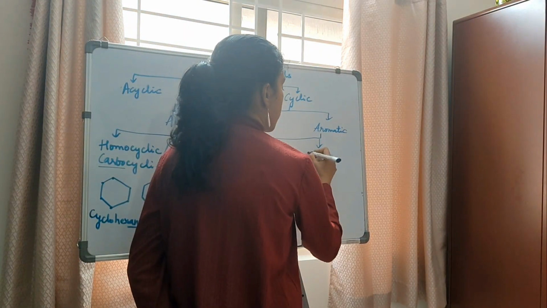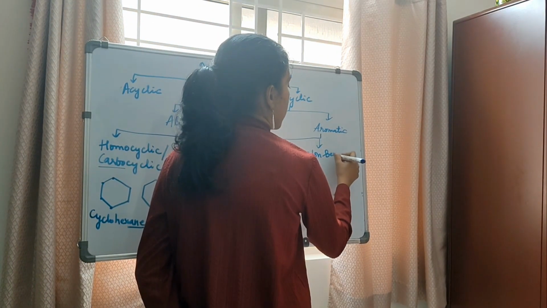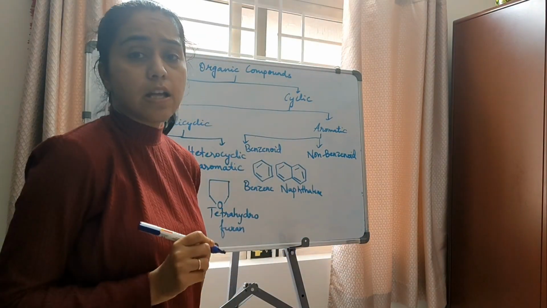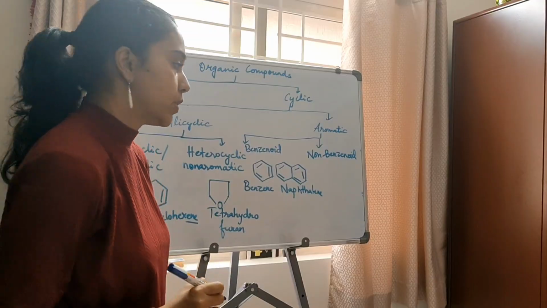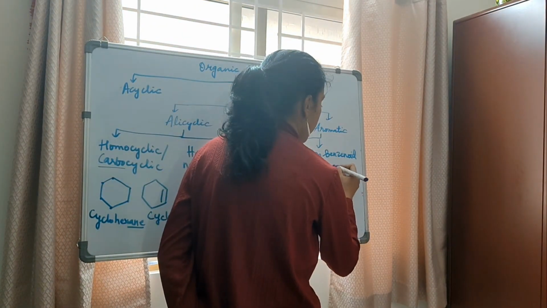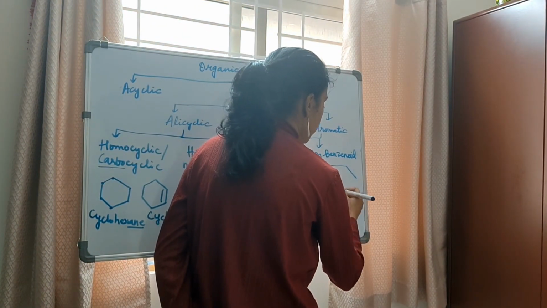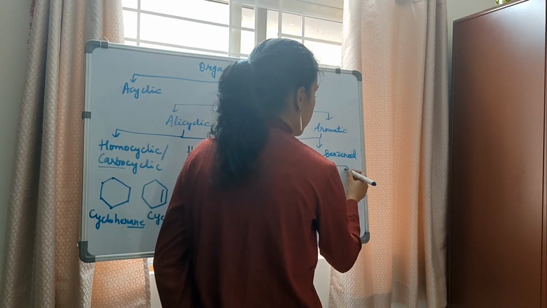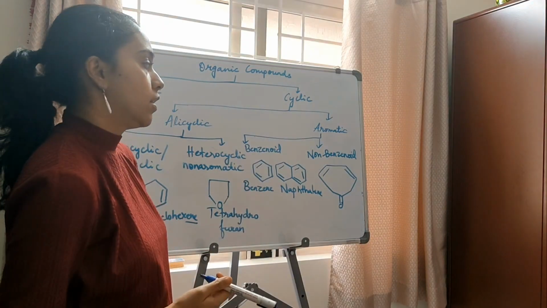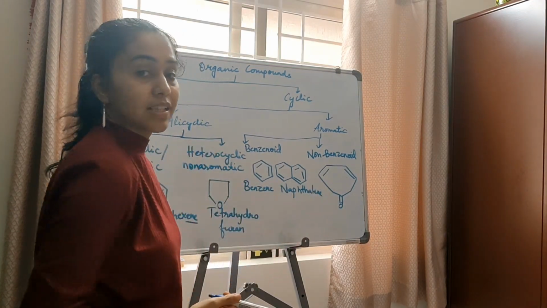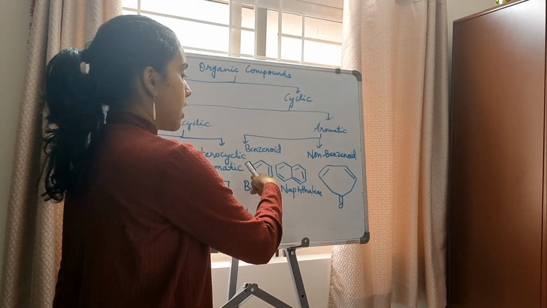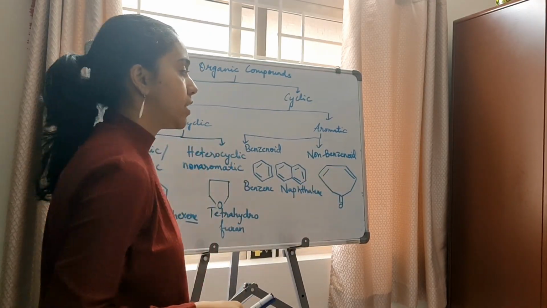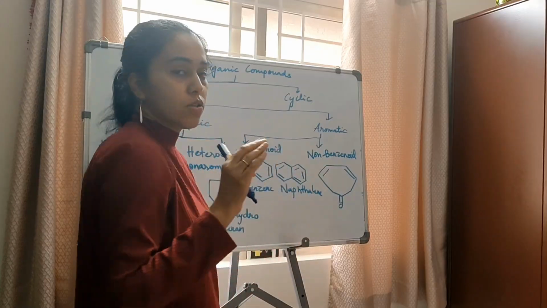Next you have non-benzenoid. Okay, non-benzenoid type of aromatic compounds. So you can take an example of tropolone. You can see that between this structure and this structure, there is a difference. So this is a benzene-like structure, whereas if you see this example, it doesn't look like a benzene-like structure.